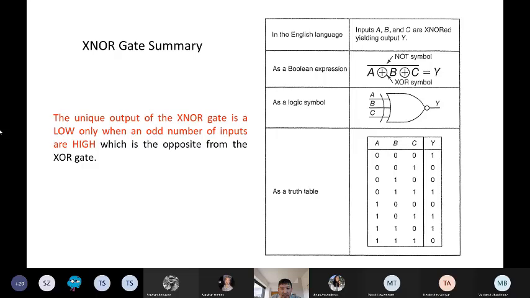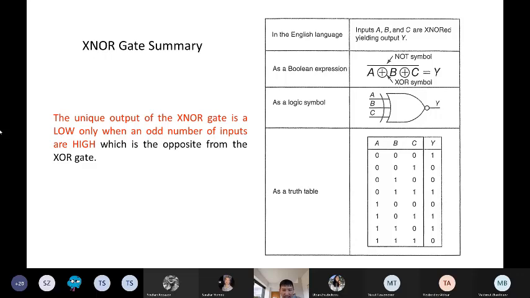So here, what you should understand: the unique output of the XNOR gate is low only when an odd number of inputs are high, which is opposite from the XOR gate. I think it's a little bit confusing, XNOR, XOR, but you should understand what an XOR gate is.